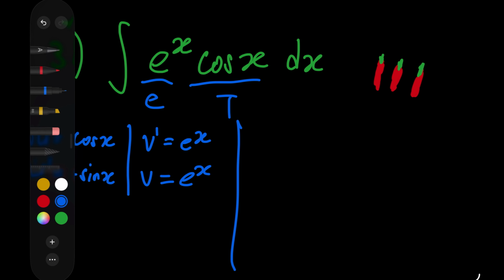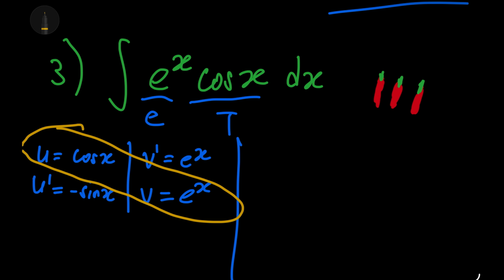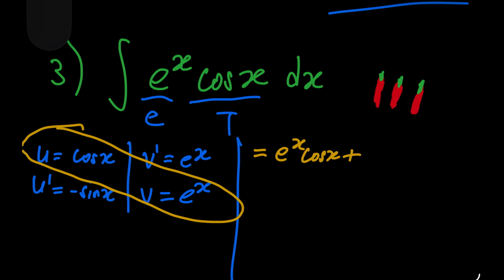Now again, let's do our crisscross applesauce. So first we'll do uv. So this is equal to e to the x cosine x plus, and then we'll do the second crisscross applesauce.